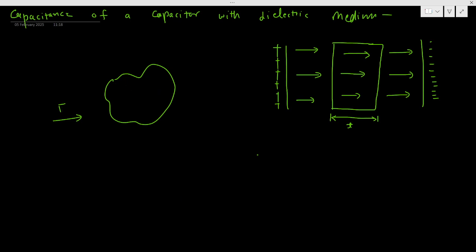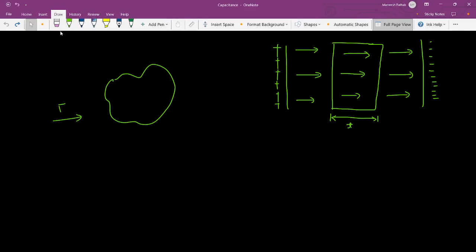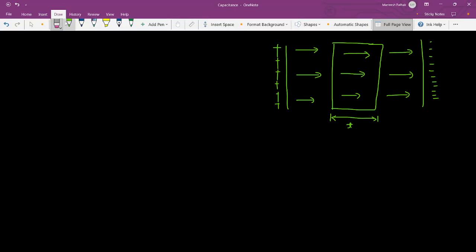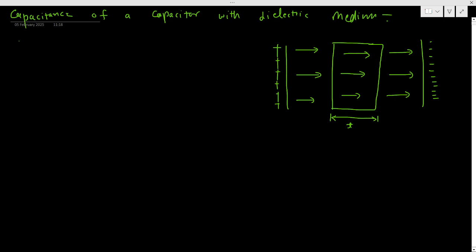First we need to erase this. So here the electric field is E, here also E, and inside the dielectric medium the electric field is E dash, which is E by epsilon r. That's how we got the electric field inside the dielectric.